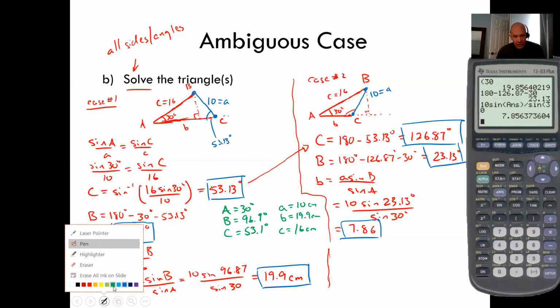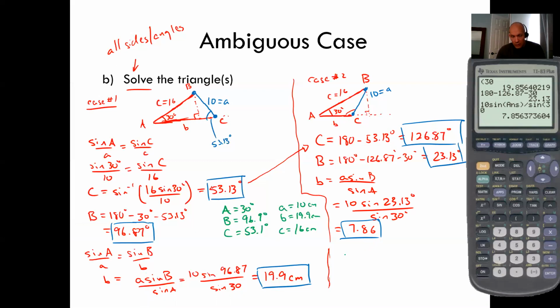Okay, so that means we just basically repeat all the calculations, and we're going to then end up saying that the solution to the triangle ABC, A is 30, B is 23.13, C is equal to 126.87, little a is 10, little b is 7.86, or maybe I'll just say 7.9.